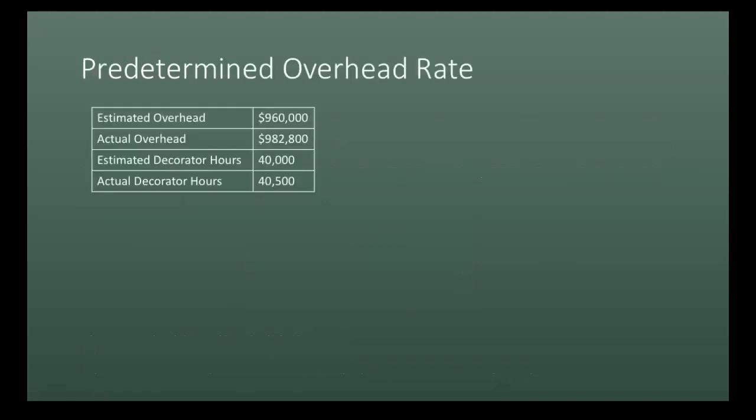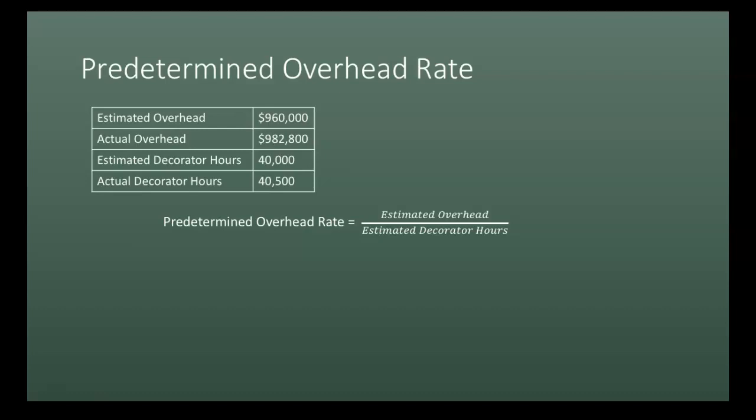So let's first talk about the predetermined overhead rate. To find this rate, we're going to take our estimated overhead and divide it by our estimated decorator hours. Now we'll always use our estimated amounts here. Think of it as you're trying to figure out this predetermined overhead rate at the beginning of the year, right? And at the beginning of the year, you don't know your actuals yet.